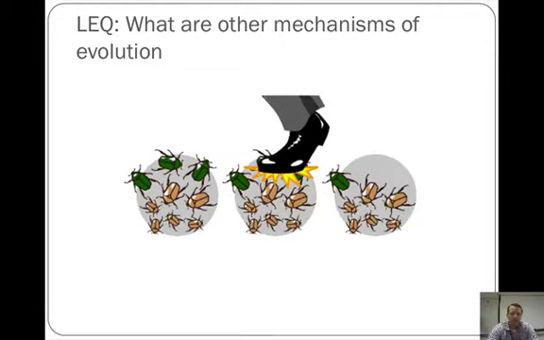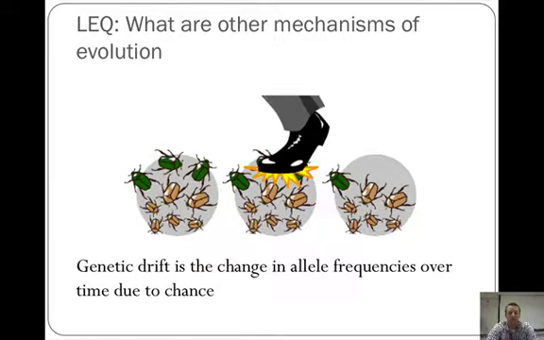Now, looking at genetic drift. What is genetic drift? It's the change in allele frequency over time due to chance. That can be random chance, like a catastrophe, a new mutation, a predator, anything like that. If you look at this picture, notice you have the starting allele frequency: 3 green and 6 brown.